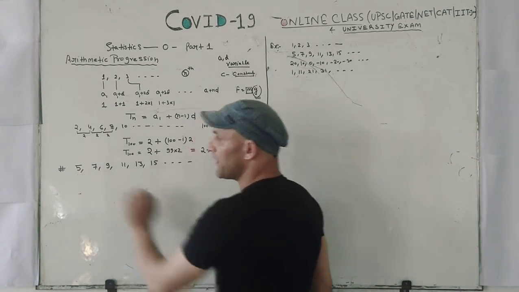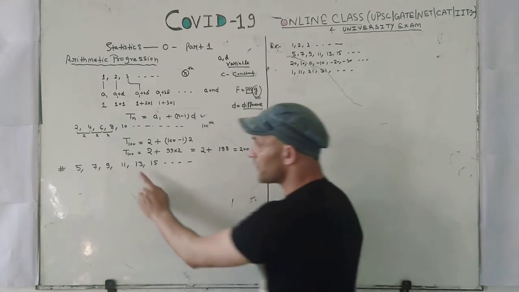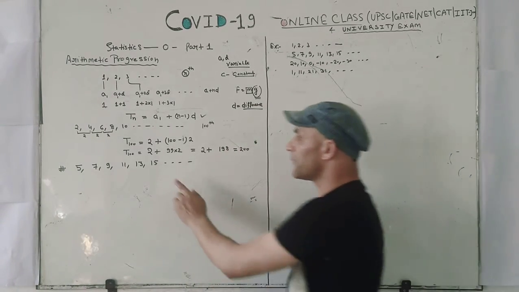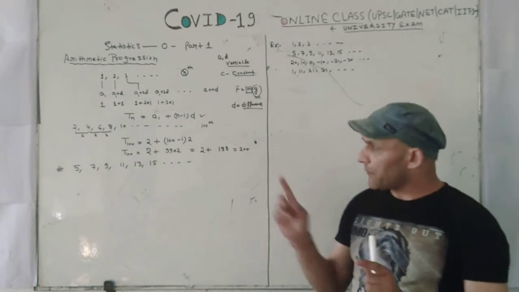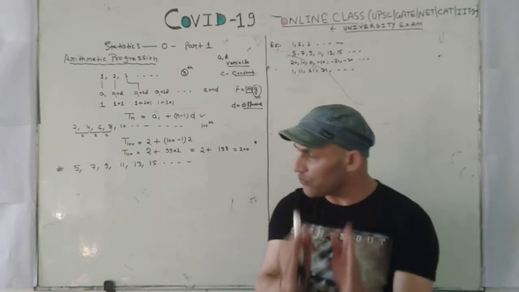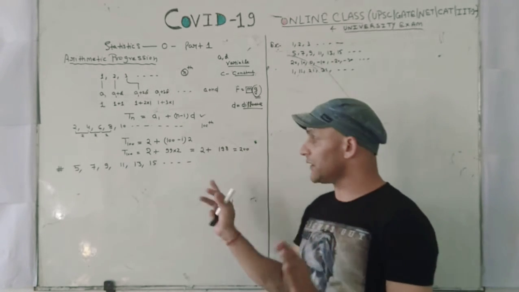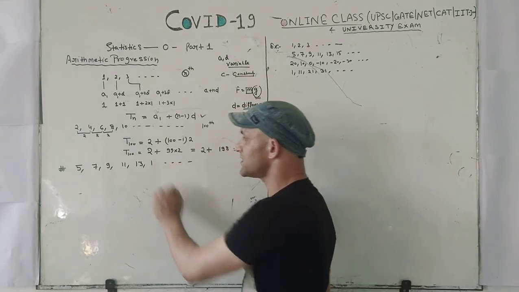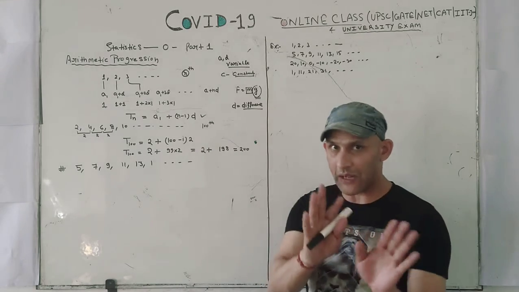So 7 minus 5 is equal to 2, 9 minus 7 is 2, 11 minus 9 is 2, 13 minus 11 is 2, and 15 minus 13 is 2. It means that every time the difference between two terms is the same. In this condition, we will use this formula. If there is a little bit of difference, suppose I write 16 here, in this condition this formula will never apply.